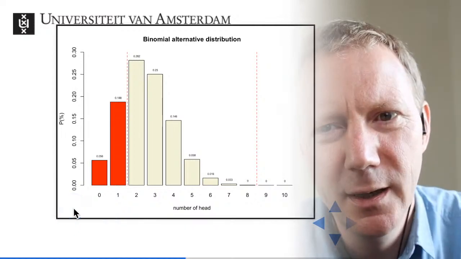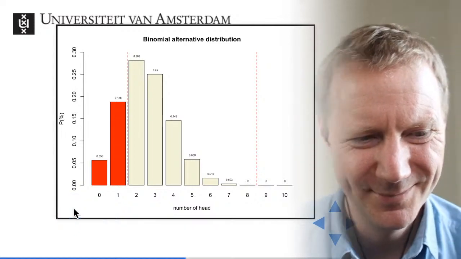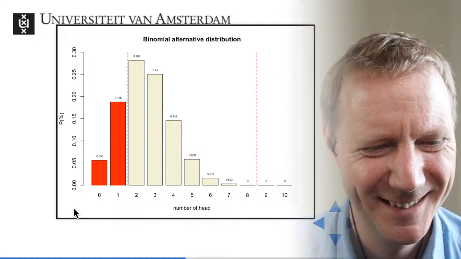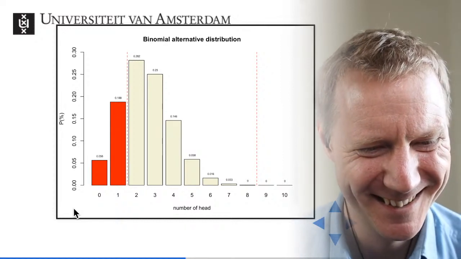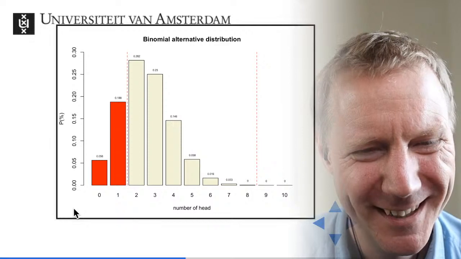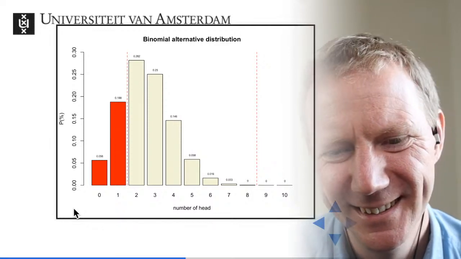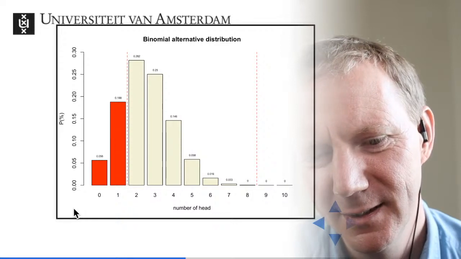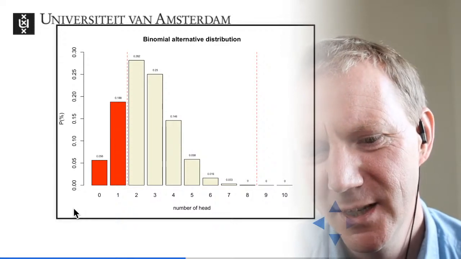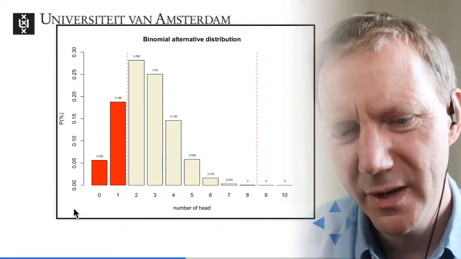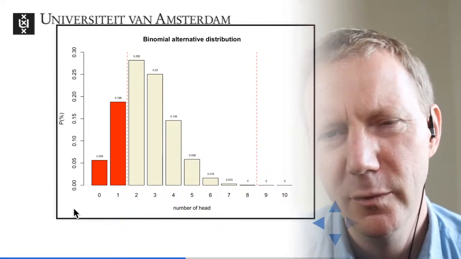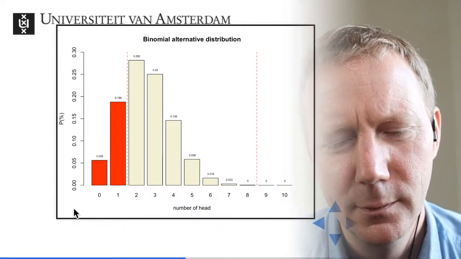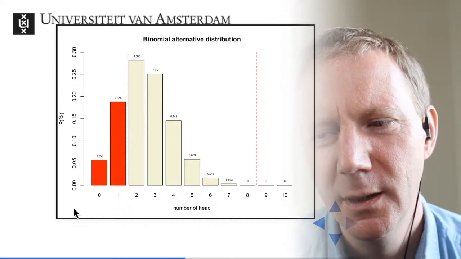About 0.23. Who agrees? A show of hands. I'm looking at your screens now. Who does not agree? Is it not 0.756? I see that in the chat. So where does the 0.756 come from? Because you said 1 minus beta.